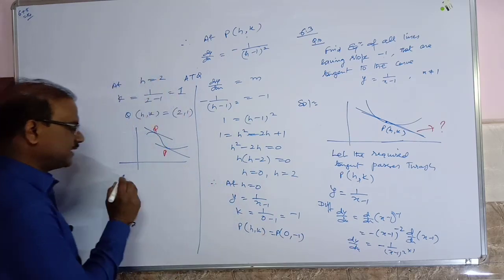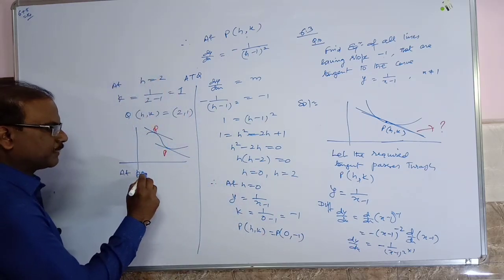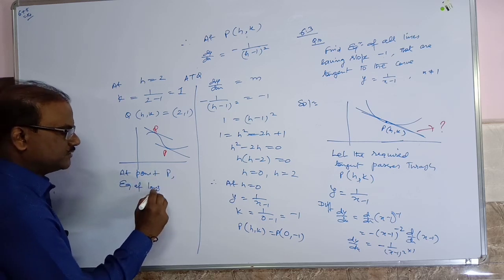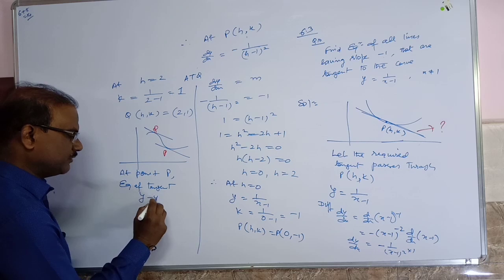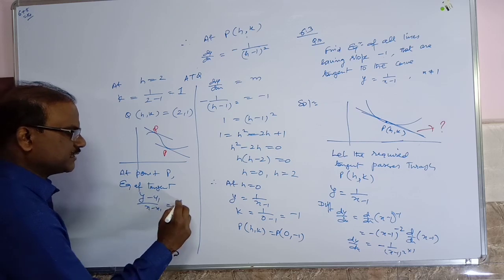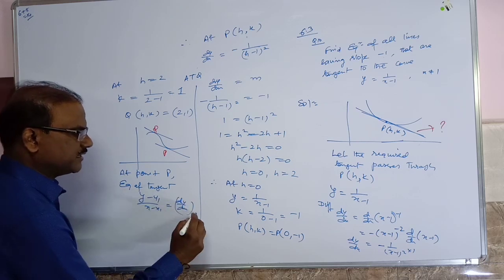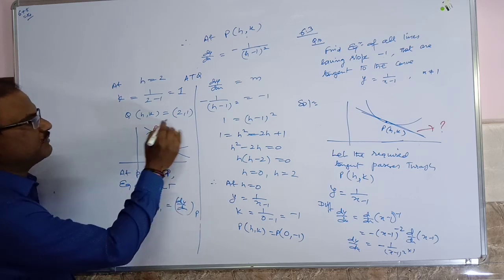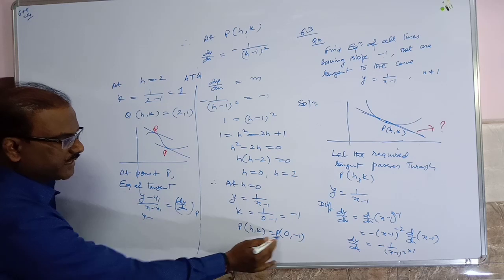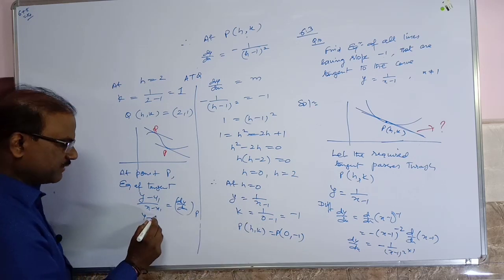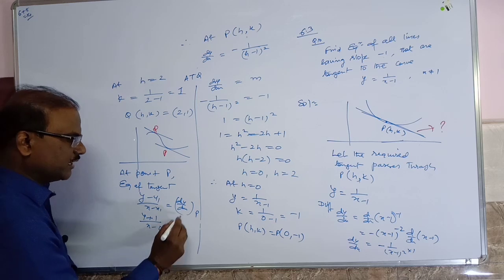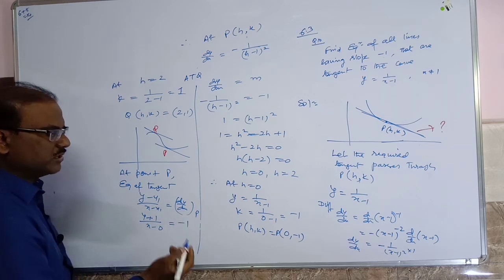टेंजेंट निकालना हमें आता है at पॉइंट P, equation of tangent, what it will be, y minus y1 = dy by dx at P (x minus x1). In this way we have to write. तो y minus y1 की वैल्यू at P पॉइंट पे हम अगर हैं तो y minus y1 की वैल्यू will be y plus 1, then x minus 0, and the slope of this line is equals to -1.